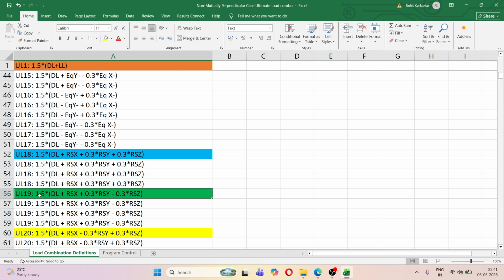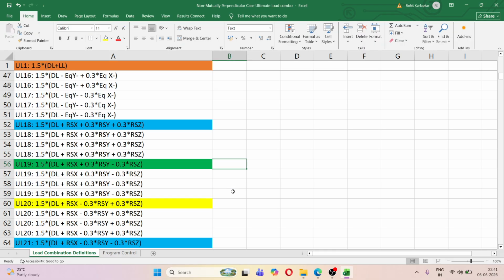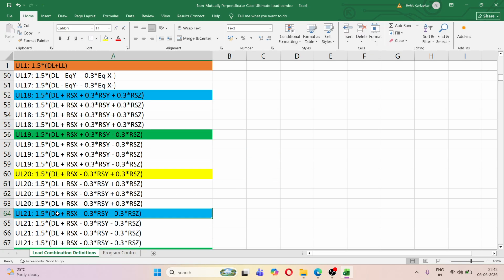Now in the next case, in case 19, we have changed this sign to minus 0.3. In the 20th case, we have changed the sign here to minus 0.3 RSY. In case 21, we have changed both to negative, and we have kept the plus response spectrum x case constant.